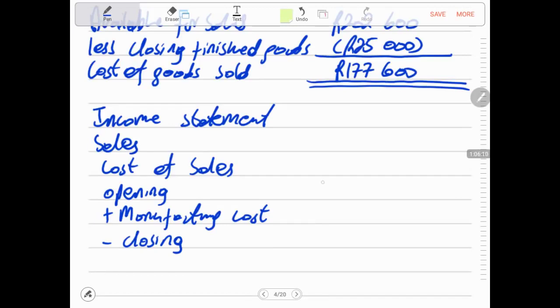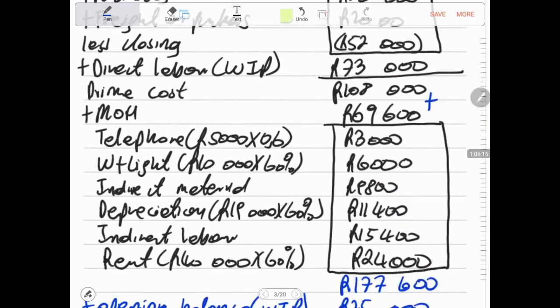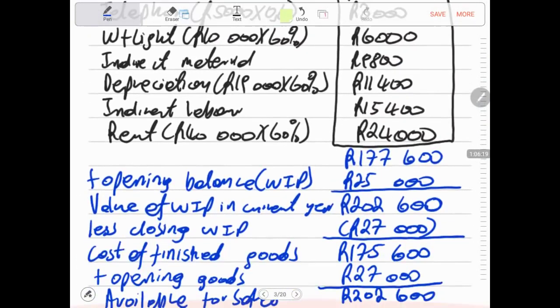Then our opening, remember, we are focusing now on the opening inventory of finished goods because we are focusing on the cost of goods that were sold. Opening inventory of finished goods was 27,000 plus cost of goods that were finished during the year minus the closing of 25,000.